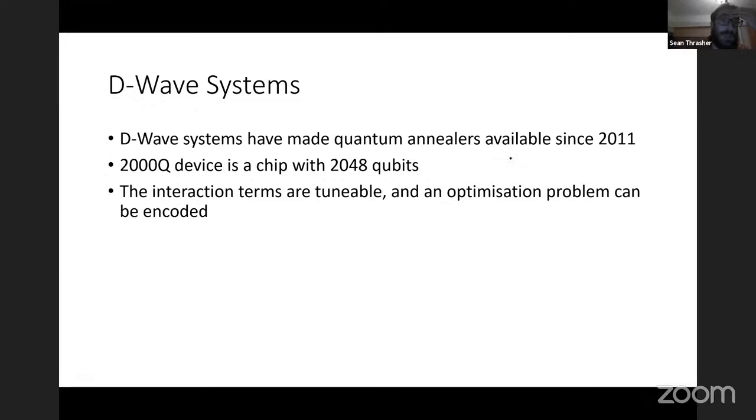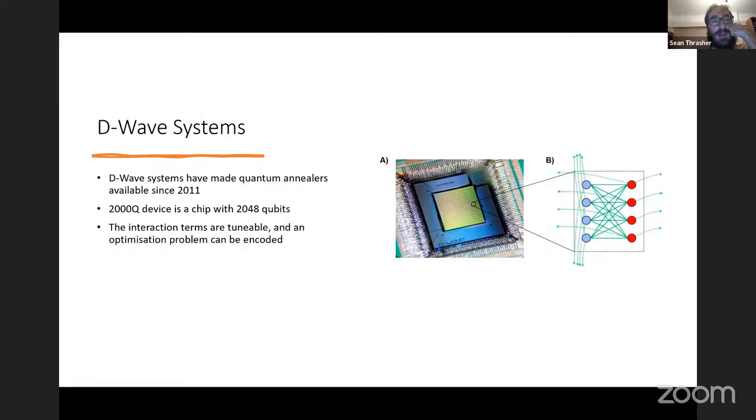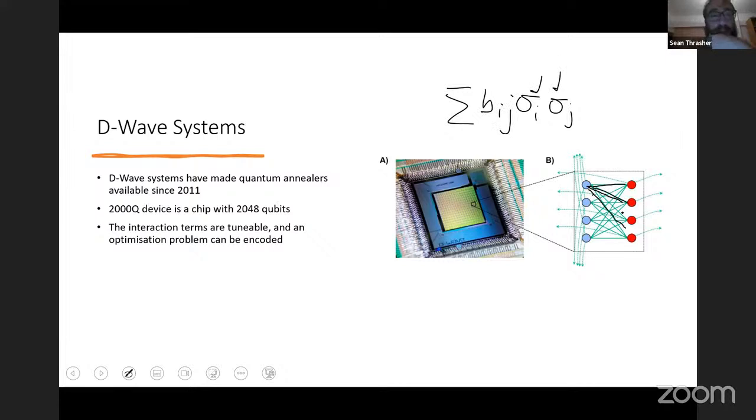They managed to make quantum annealers available since 2011. This is a picture of it. They built devices with 2,000 qubits, right? They've also managed to make connections between the sigma i, sigma j terms in your sum. This is represented by the connections over here. And you can tune these over time, so you can encode the optimization problem.